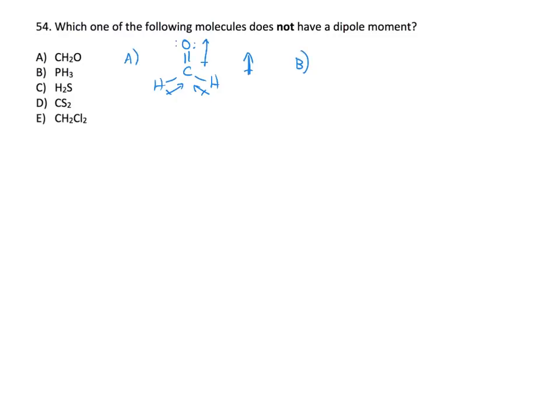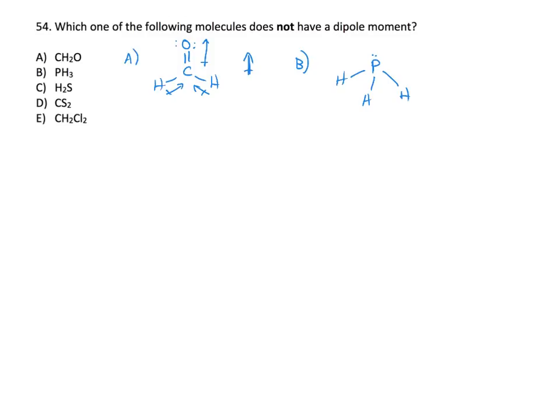For compound B, if you draw out its Lewis structure, you get a structure that looks like this. And I'm going to just, for the sake of time, spare you some of those steps. And it turns out that a P-H bond is actually extremely weakly polar, in the sense that the electronegativity of hydrogen and phosphorus is almost identical.